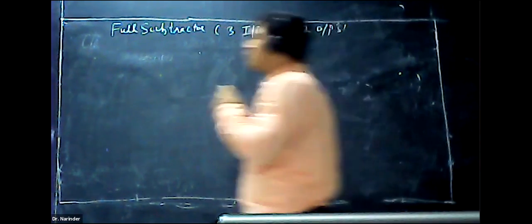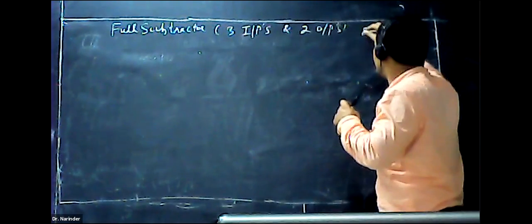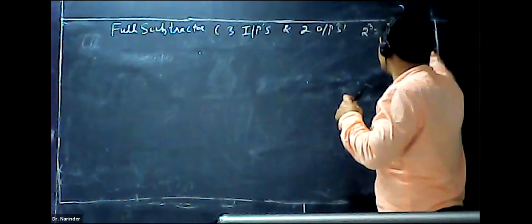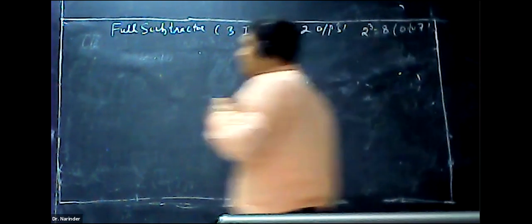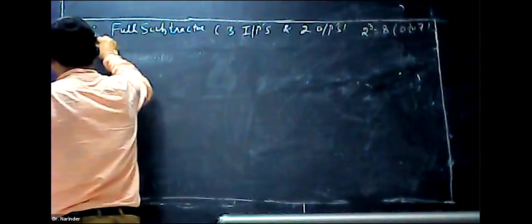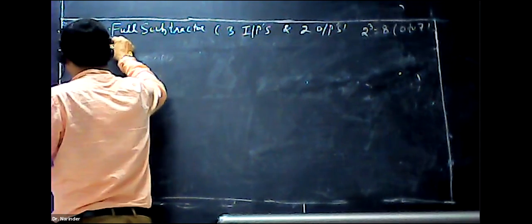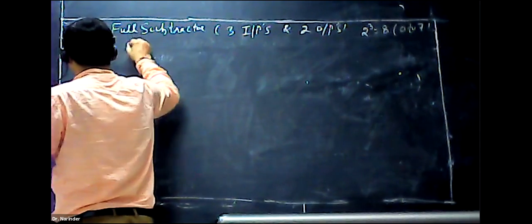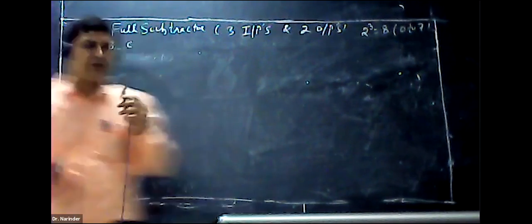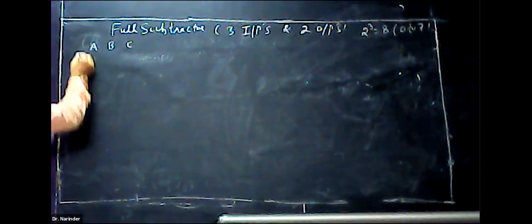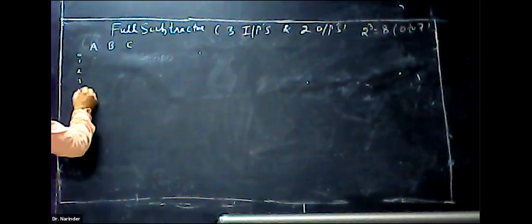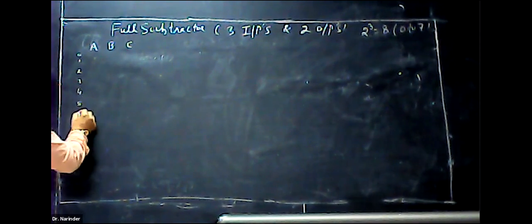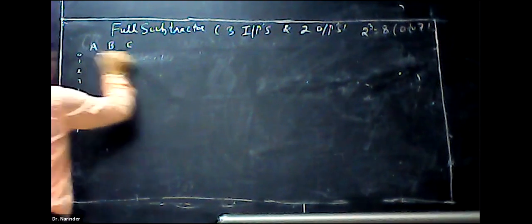Let us say if there are 3 inputs, 2 raised to power 3 is equal to 8, it means 0 to 7. Write your inputs A, B, C. Number it as 0, 1, 2, 3, 4, 5, 6, 7.